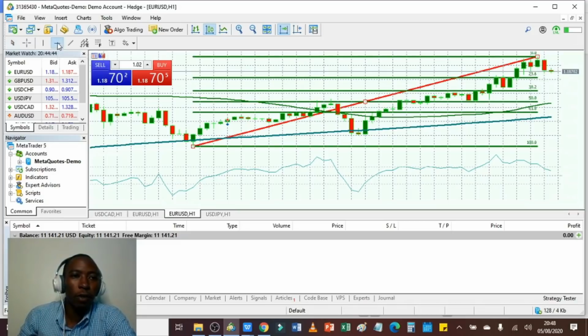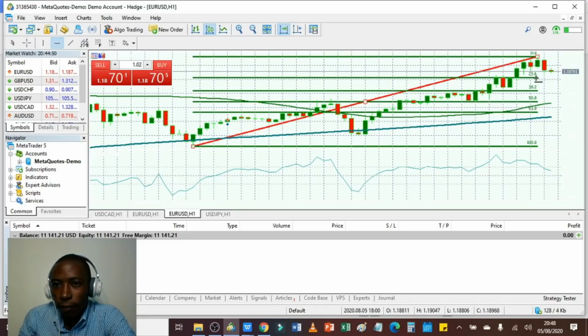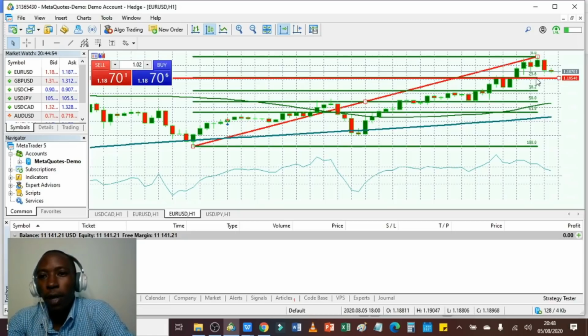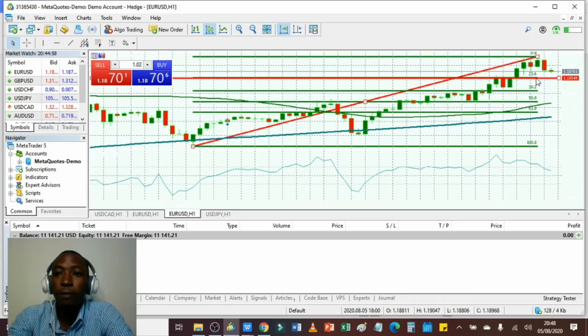Let me sketch a horizontal line here at level 23.6. The speculation is that the price will keep dropping until it hits the 23.6 level, and then it can either break the level and keep dropping, or the level 23.6% can act as a point of support, and the price will retrace back to a zero level.